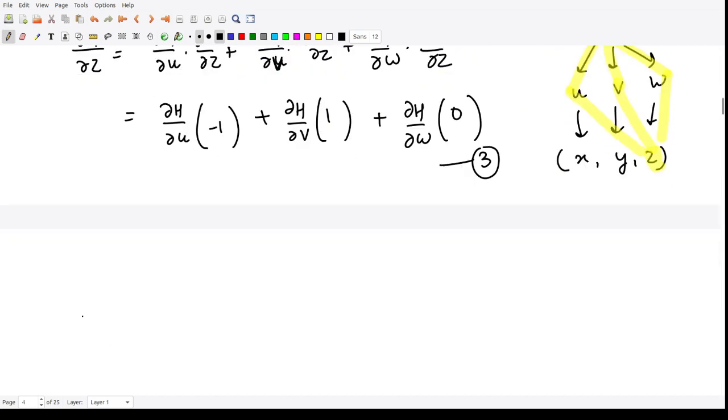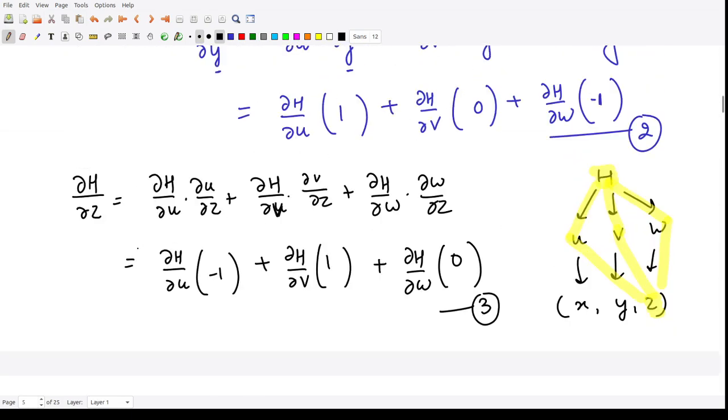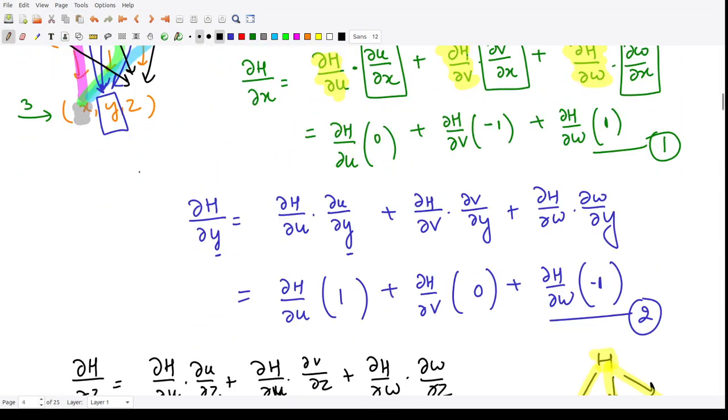Now we wanted to prove that del h upon del x plus del h upon del y plus del h upon del z is equal to 0. For that we will use equations 1, 2 and 3. The value of del h by del x is equal to this quantity plus this quantity. So we have del h by del w minus del h by del v, because this is 0.